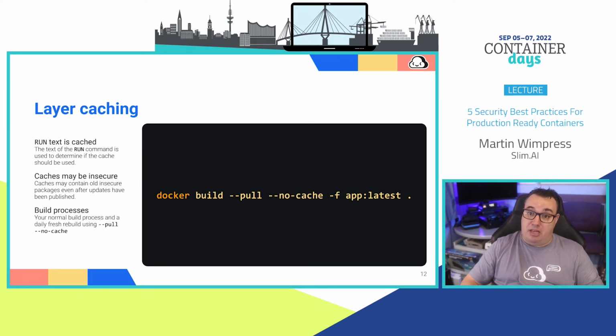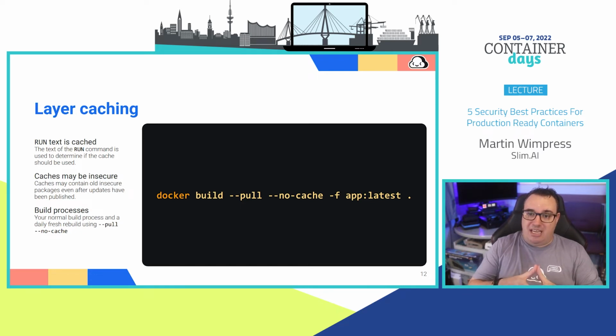Docker builds can be slow, so we use layer caching to reuse build steps from prior builds to speed up the current one. While this does improve build performance, there's a potential downside. Caching can lead to insecure images. For most Dockerfile commands, if the text of the command hasn't changed, the previously cached layer will be reused in the current build.